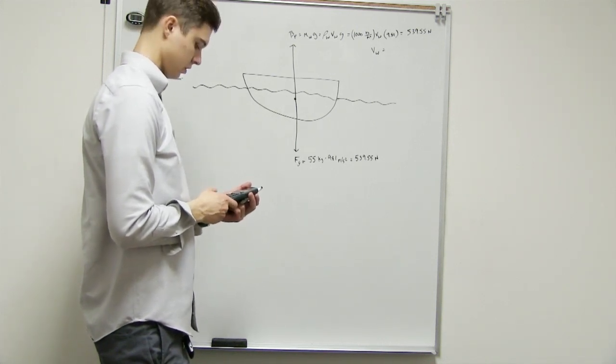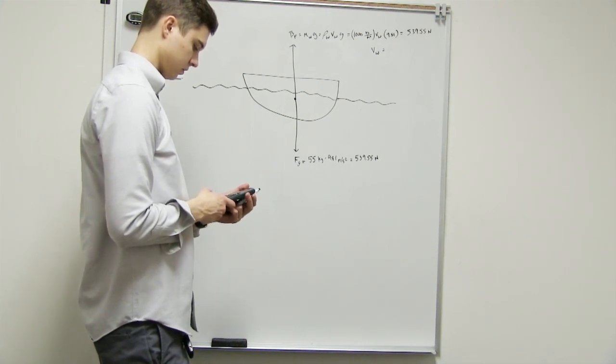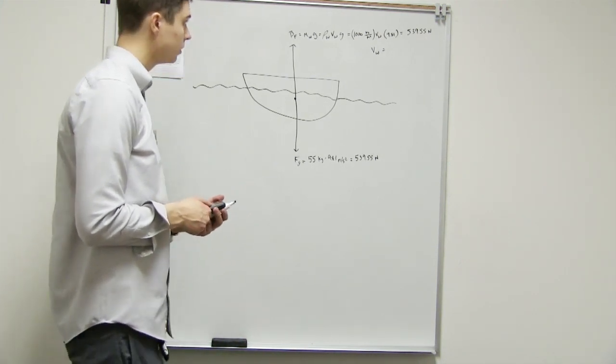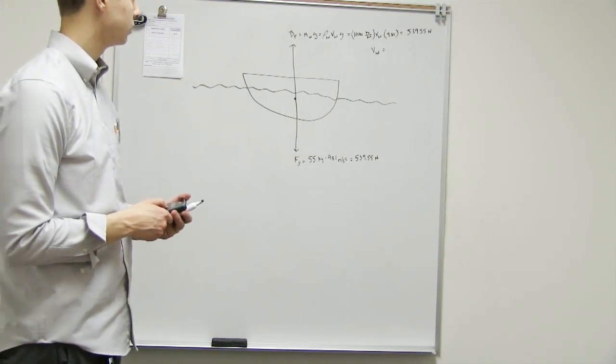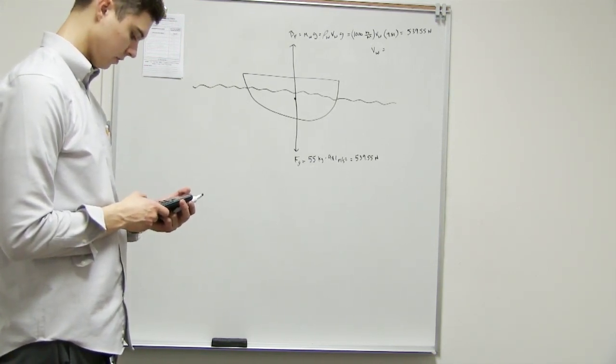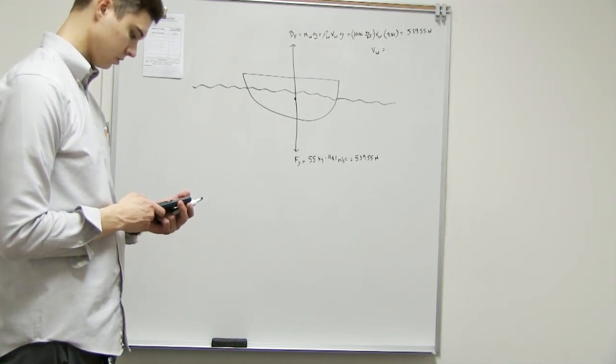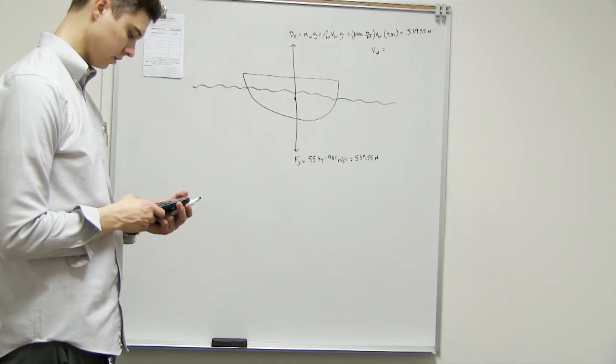Divide 9.81 by 1,000. 0.055. I got a different number. 539.55 divided by 9.81, divided by 1,000. Okay.